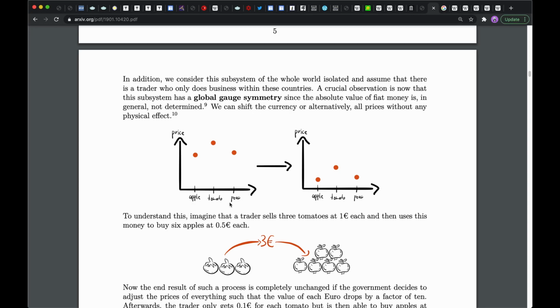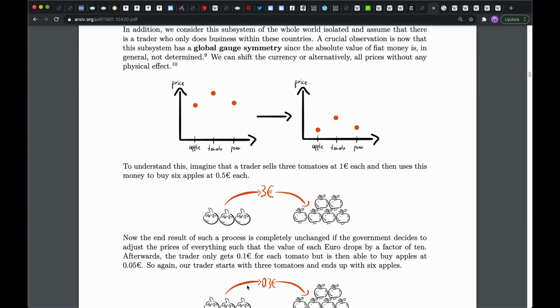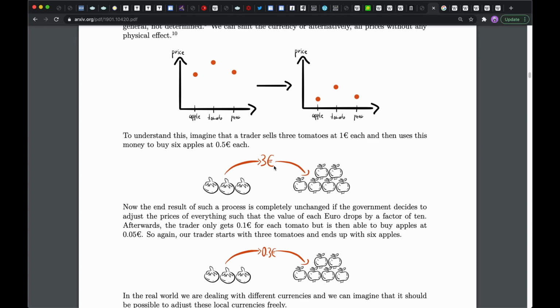And that's actually a passive transformation, it seemed to me, because in the real world it will not change anything. It's just a matter of numbers on the papers with which you pay for the products.